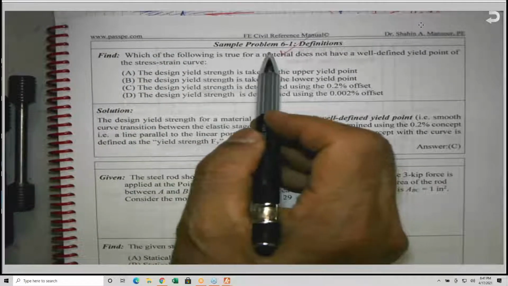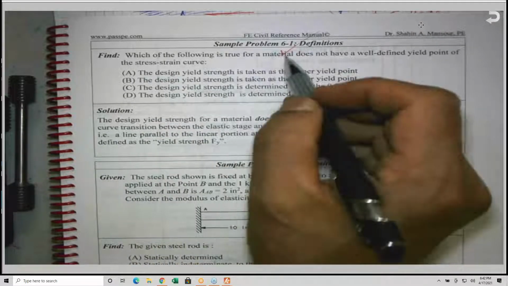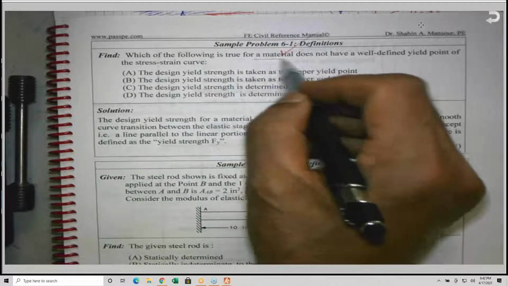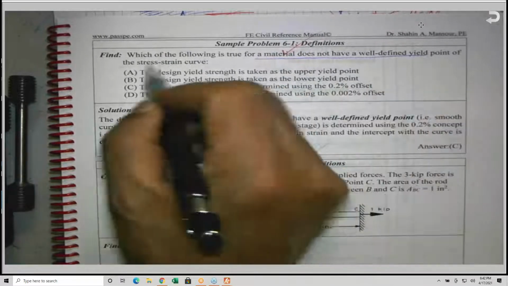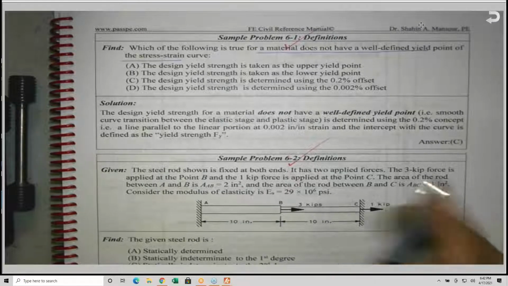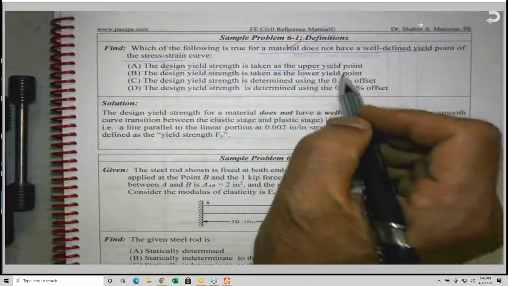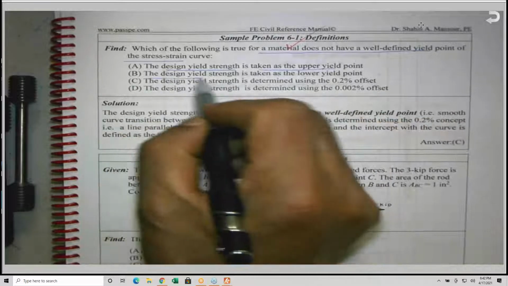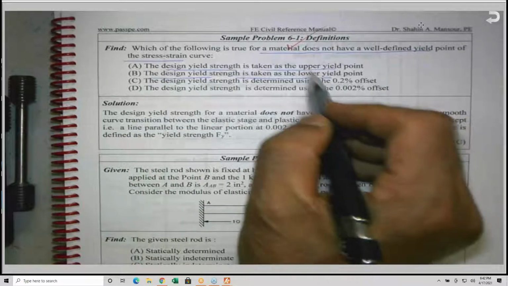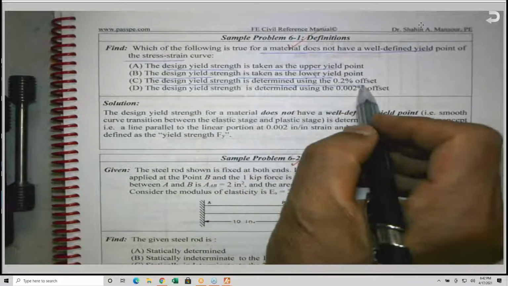So 6.1, which of the following is true for a material that does not have a well-defined yield point on the stress-strain curve? That the design yield strength is taken as a lower yield point? No. The design yield strength is taken as an upper yield point? No. The design yield strength is determined by using 0.2% offset.